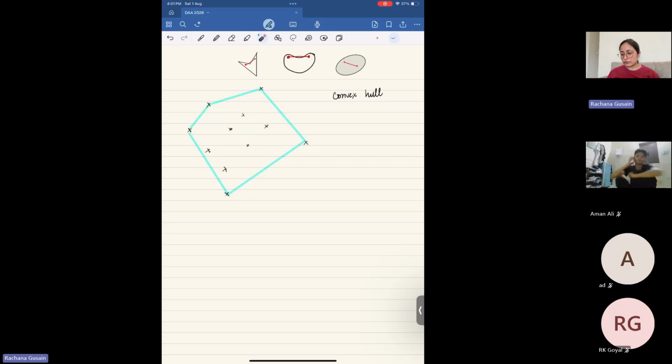No matter where you take 2 points, if you connect them by a line segment, the line segment will lie entirely within that polygon. Okay, so is this clear? What do we mean by a convex polygon? Is the definition of convex polygon clear?